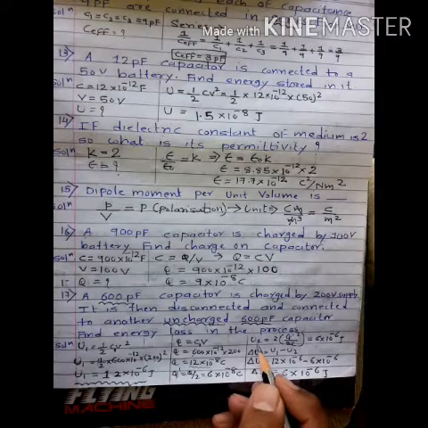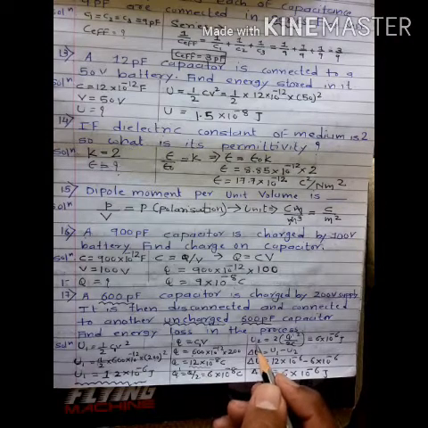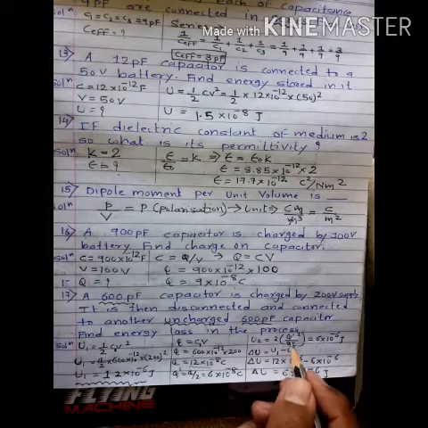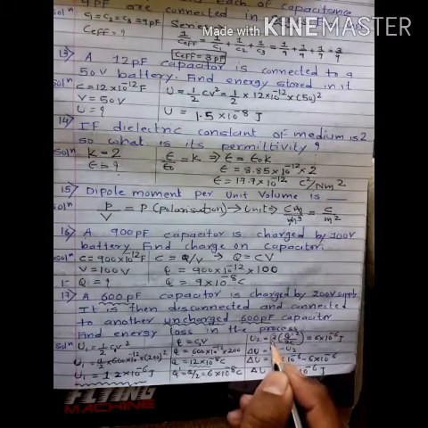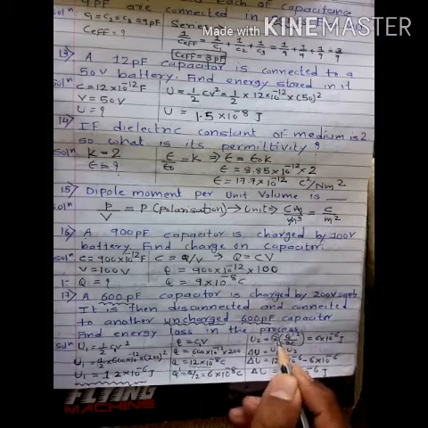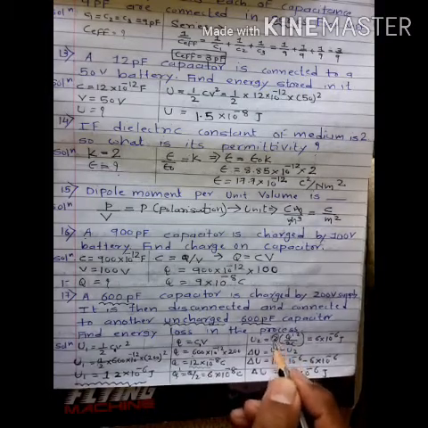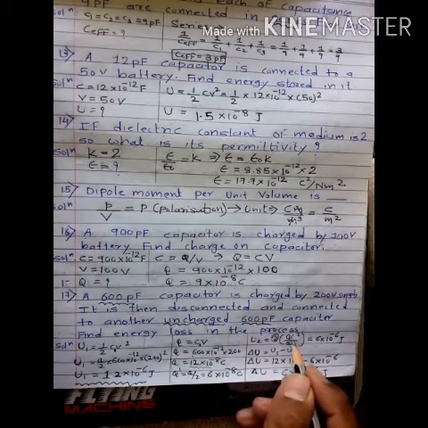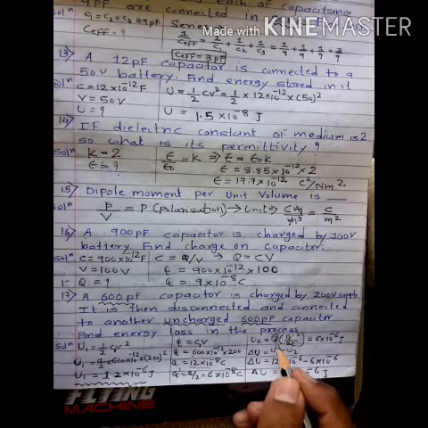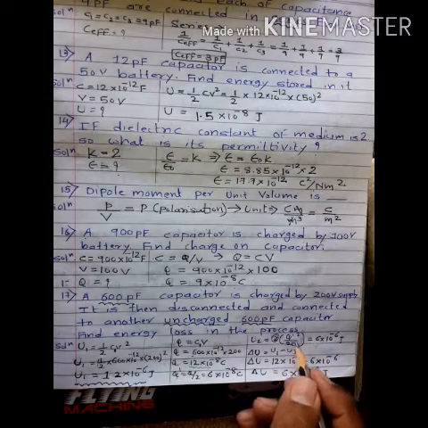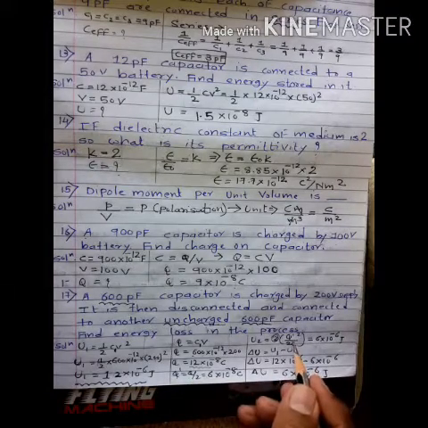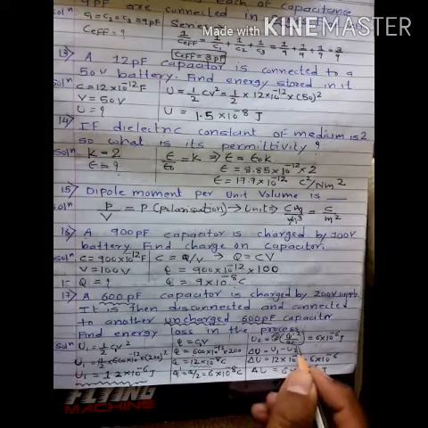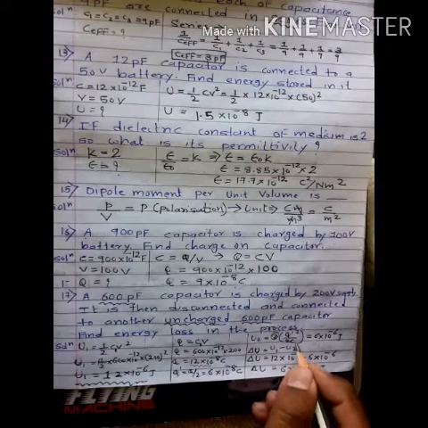Now we want the final energy, so use the equation of final energy. U2 is equal to Q dash square upon 2C. But in the final condition we have two capacitors. Clear? Here we consider the connection of two capacitors, so this energy becomes double. That's why we use 2 into bracket Q dash square upon 2C. Substitute Q dash and C, where C means the final capacitance of each capacitor, C2.